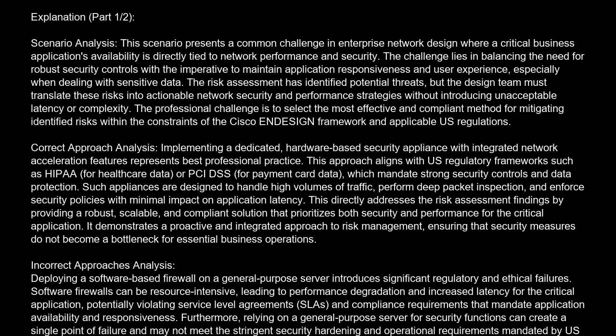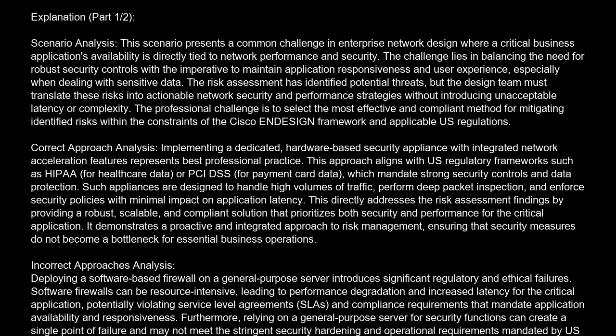The risk assessment has identified potential threats, but the design team must translate these risks into actionable network security and performance strategies without introducing unacceptable latency or complexity. The professional challenge is to select the most effective and compliant method for mitigating identified risks within the constraints of the Cisco ENDESIGN framework and applicable U.S.